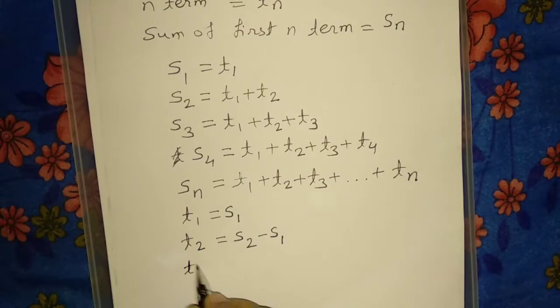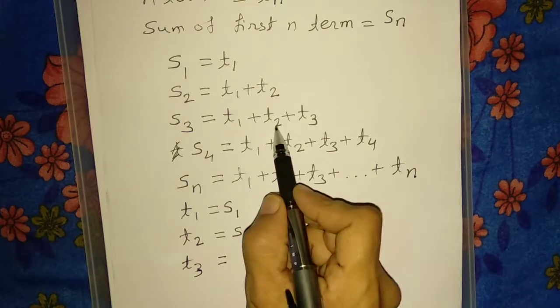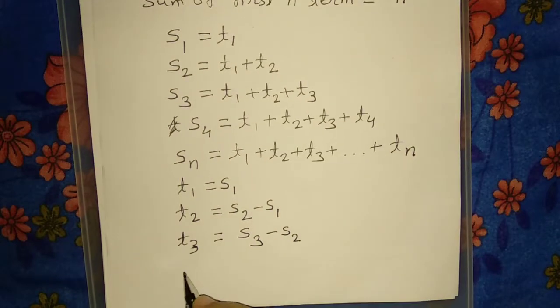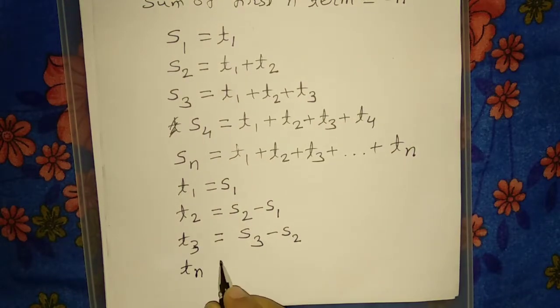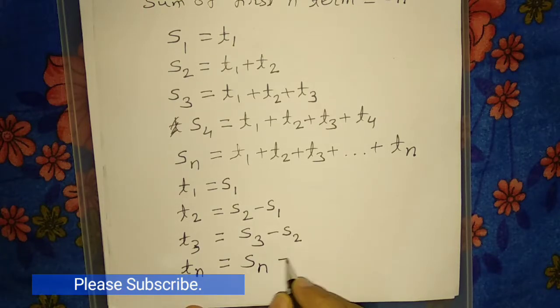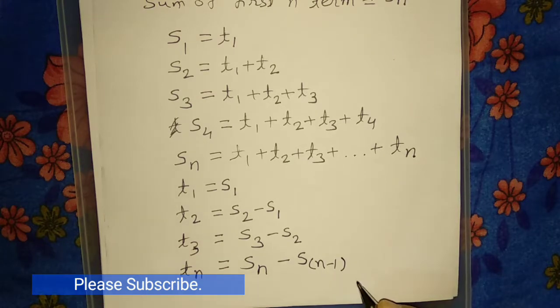T3 is equal to S3 minus S2, and therefore Tn is equal to Sn minus Sn minus 1.